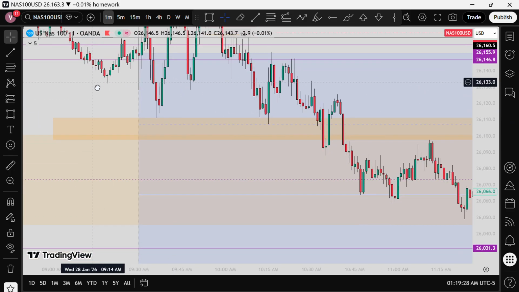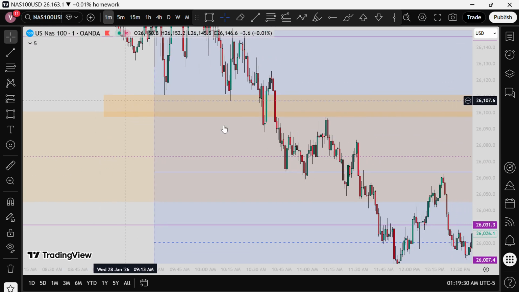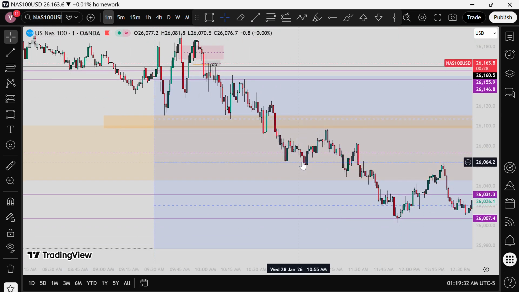After entering here, you could have targeted your opening range gap's mean threshold.